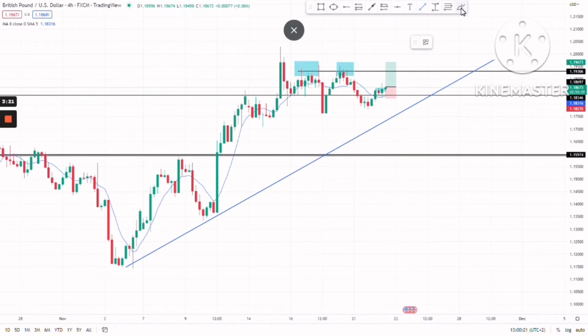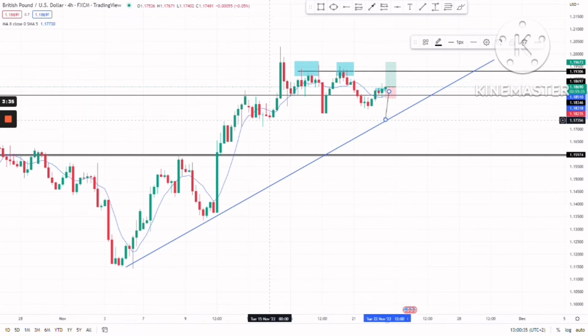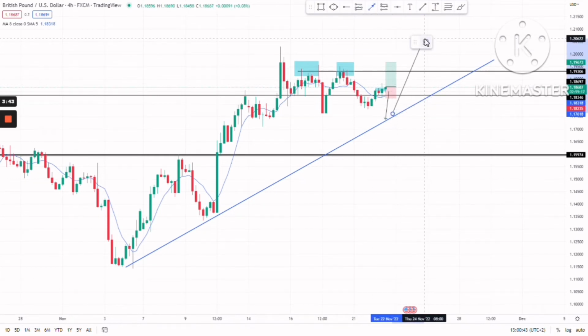So my bias was price would come down here and test this trend line, because it is in line with our previous lower high, and then shoot all the way up.